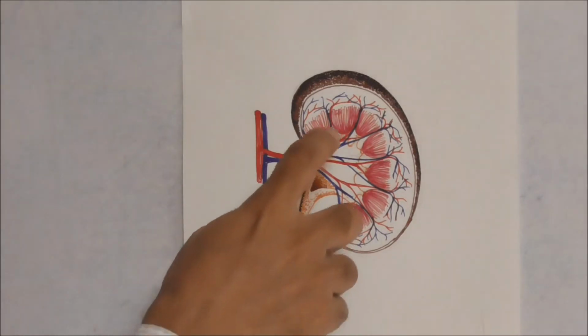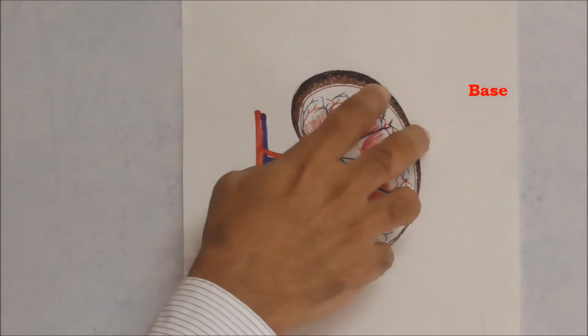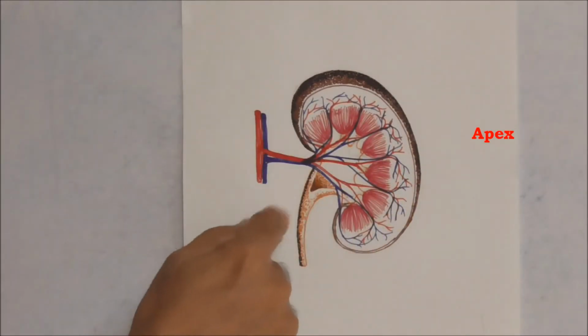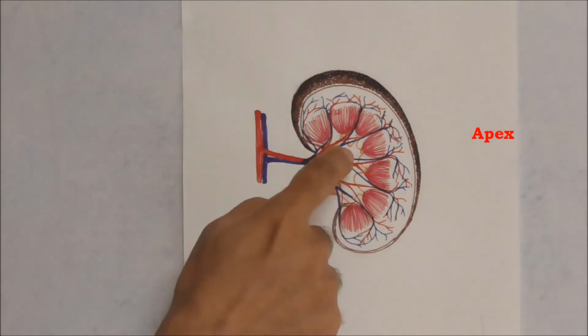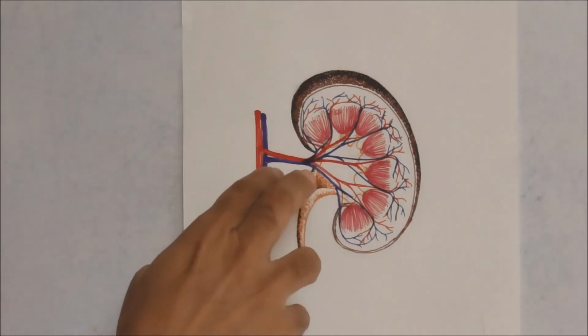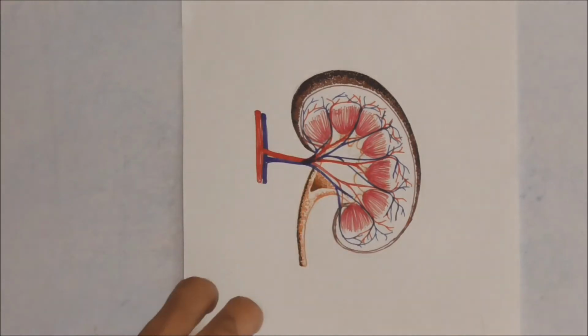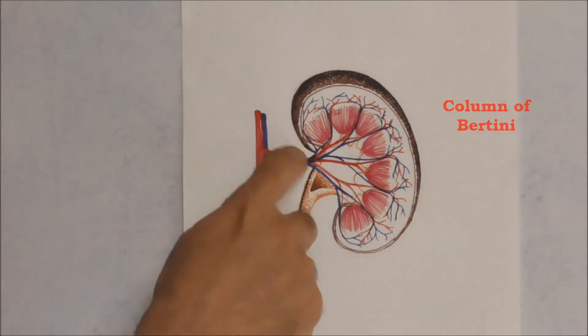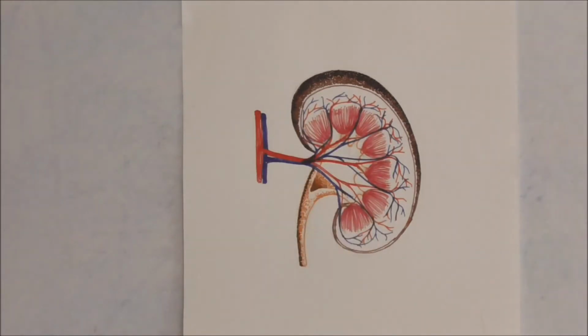Each pyramid would have its broader end, called the base, facing the cortex and its narrow end, called the apex, facing towards the center of the kidney. Now every two adjacent pyramids are separated by a minor gap which is called the column of Bertini.